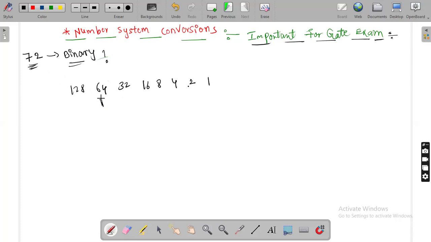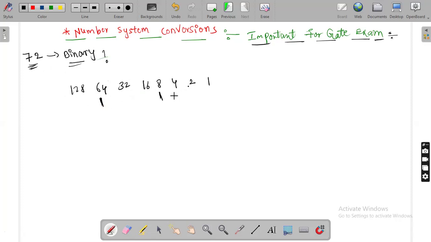So if you write 1 here, how much is left in 72? Say you have 72 rupees. Of the 72 rupees you already spent 64 by writing 1 here. How much is left? 8 is left. So what is the nearest number to 8 in this series? 8 only. So simply write 1 here.